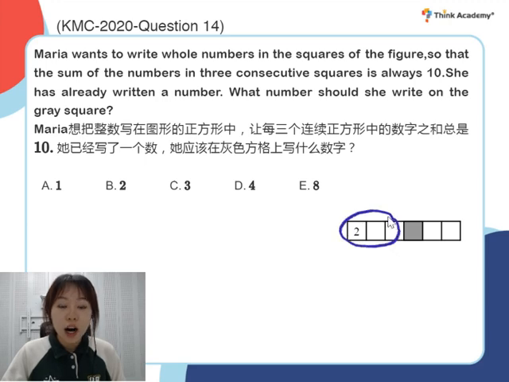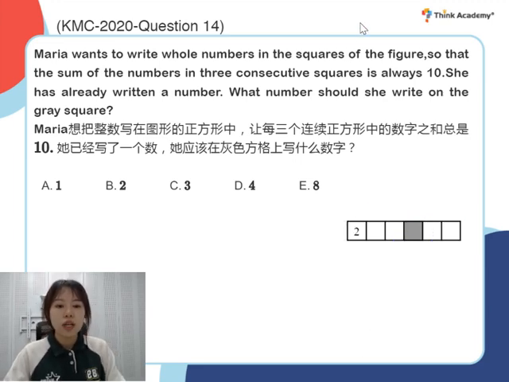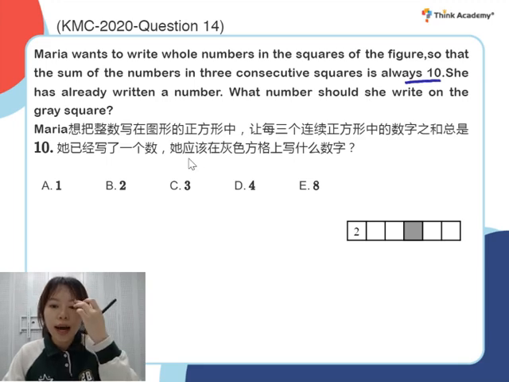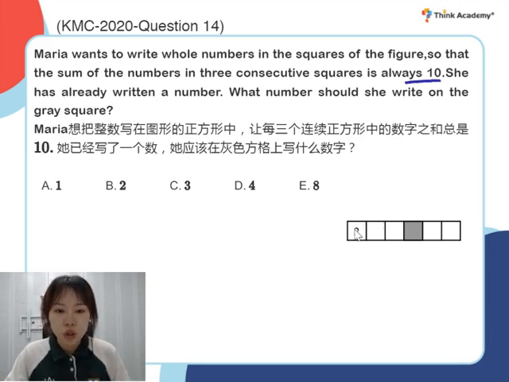These 3 are consecutive, and these 3 are consecutive. These 3 are also consecutive, because they're next to each other. So the sum of any consecutive 3 is going to be 10. And she has already written a number 2. What number should she write on the gray square?